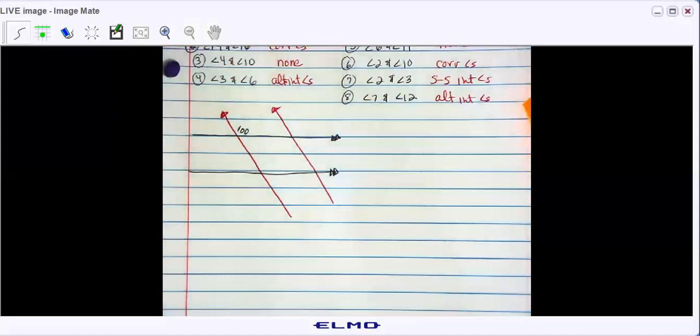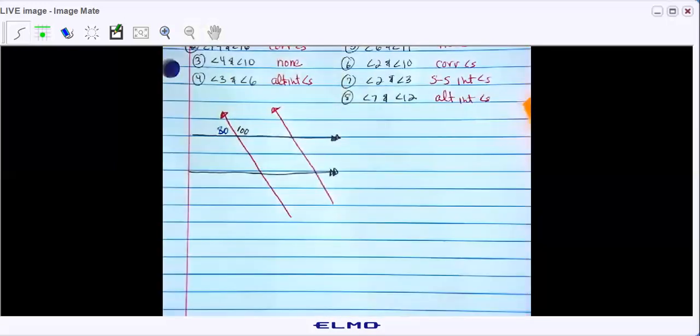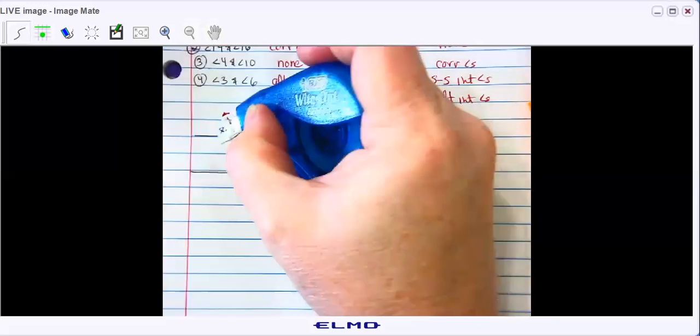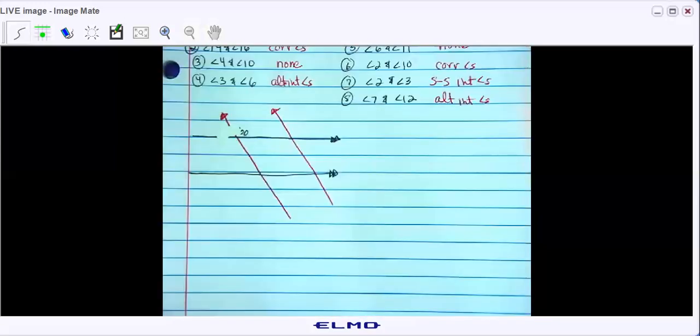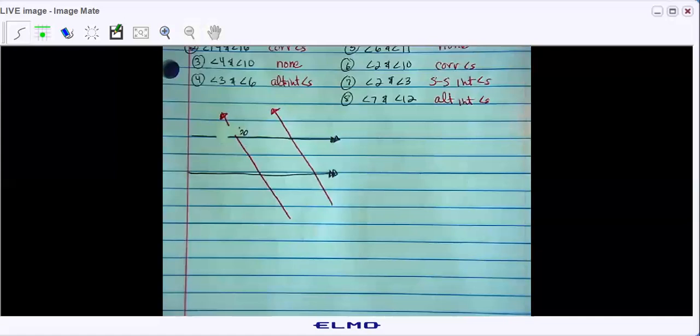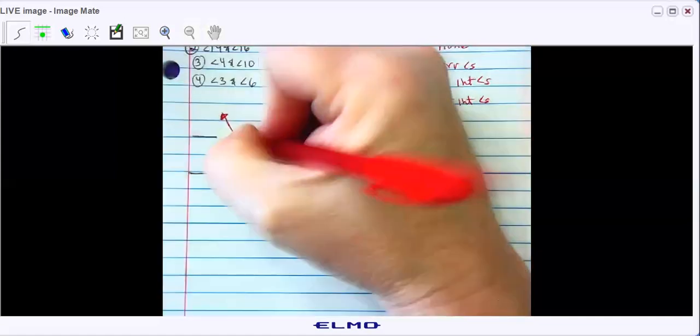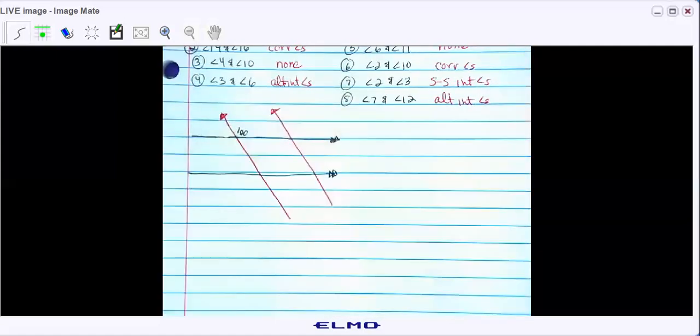I just found my blue pen. Okay. So this one is 80. It is 80, but I don't want it in blue. I want it in red. Okay. I have a reason for it.